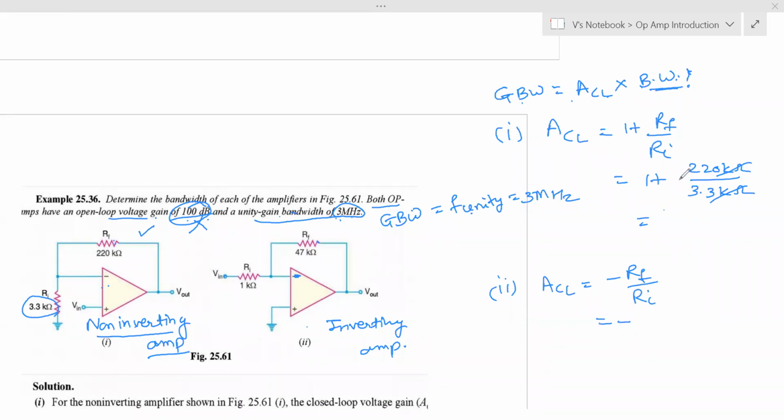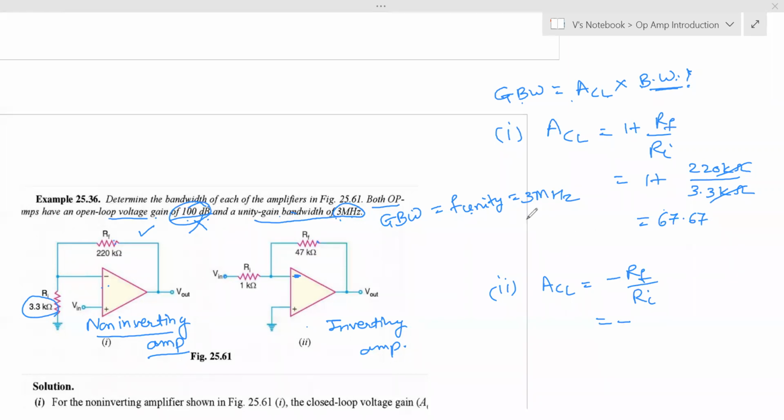Total answer is there. This one 67. Yes, ma'am. Okay. 67.66. So I'm writing 67.67. Okay. So once you got gain, we can calculate bandwidth here, right?